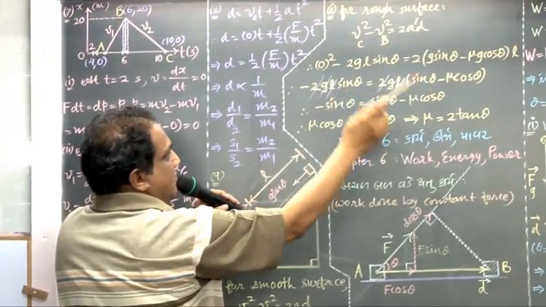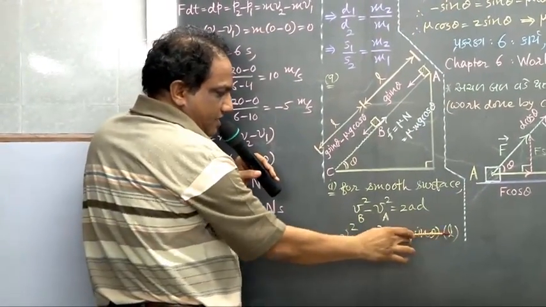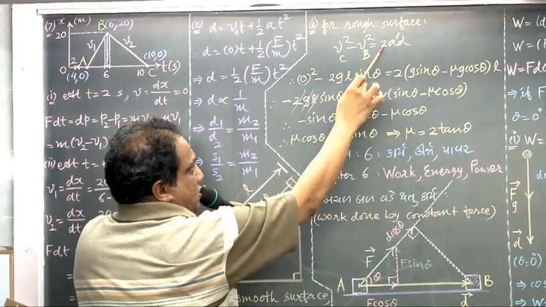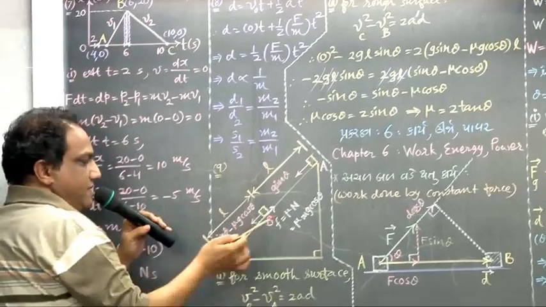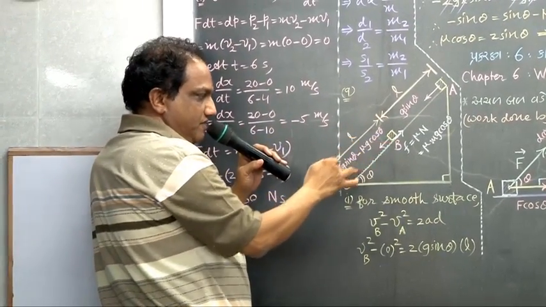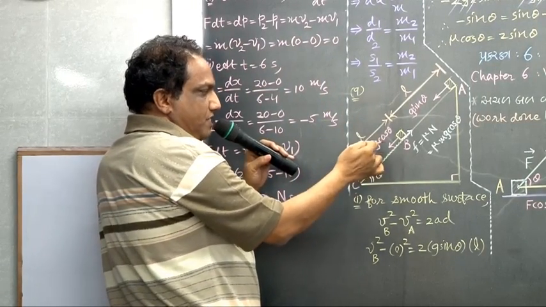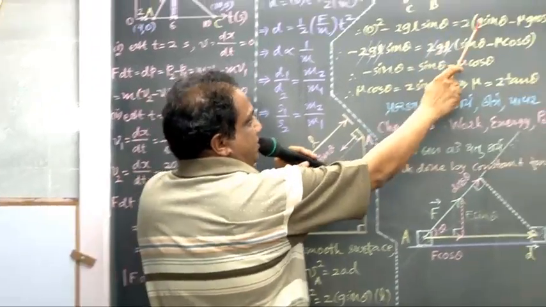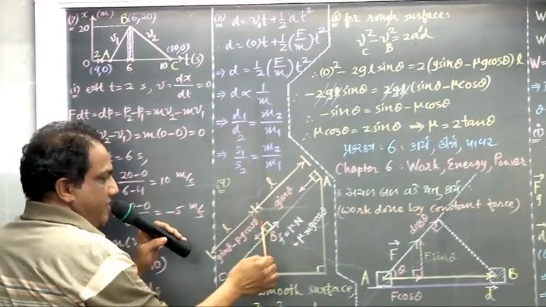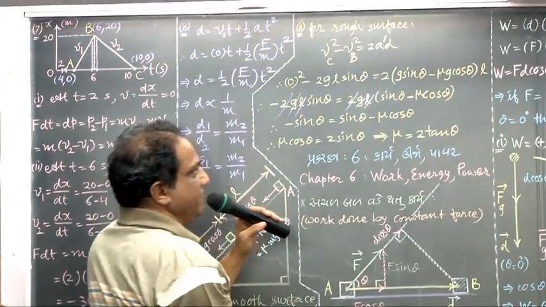Now come back to this. VC is 0. VB square is 2gL sin theta. What is A dash? Just now I explained: resultant acceleration on this rough surface is g sin theta minus mu g cos theta, into distance covered between points B and C, which is L. Simplify now.